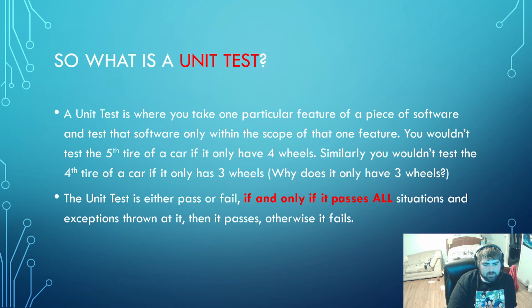I don't know if this is back in the days of waterfall, but what I read is that if and only if it passes all situations and exceptions, then it passes the unit test. If it passes, then you have completed the unit test, and it's testing one feature within a whole piece of software.